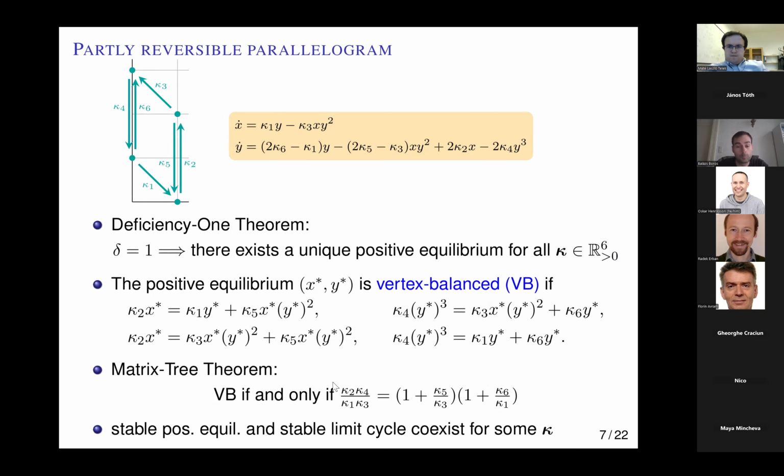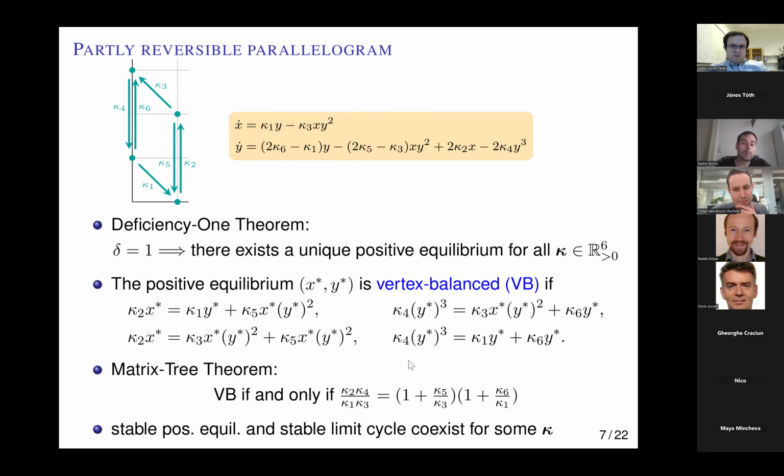So we know once the parameters satisfy this equation, we do have global stability. On the other hand, for other reasons, we also know that a stable positive equilibrium and a stable limit cycle can coexist for some rate constants.